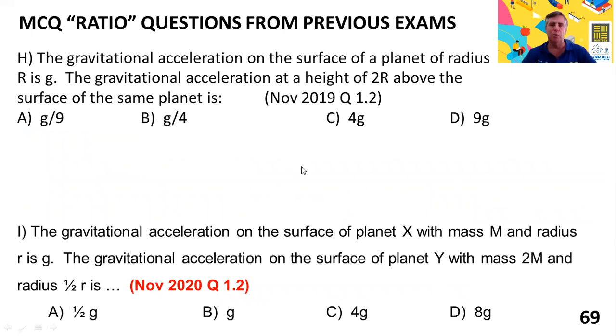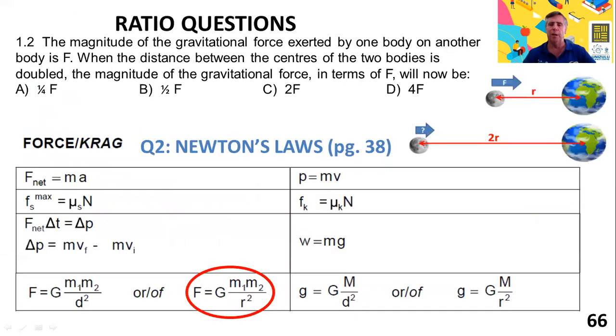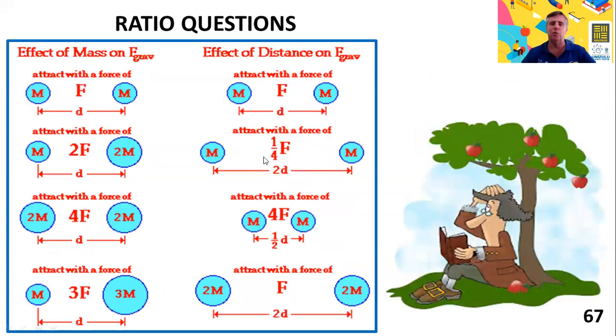Now, these are important and you need to know how to do them, but I'm not going to redo it here because we did this extensively in video 7 and on page 66 in your booklets. We handle this question of ratio questions, and we look specifically at Newton's law of gravitation and how to answer ratio questions. So please, if you want to know more about this, watch video number 7 and look from page 66 in these booklets.